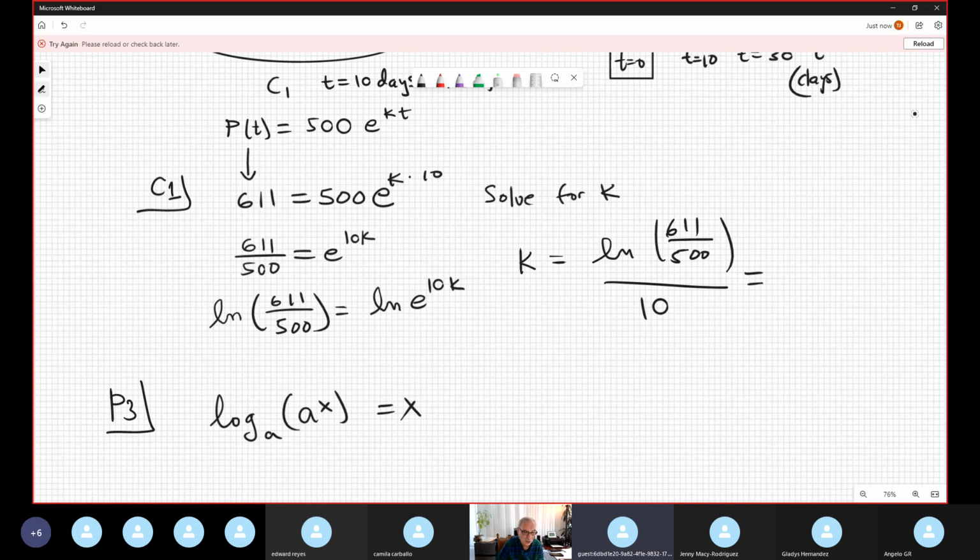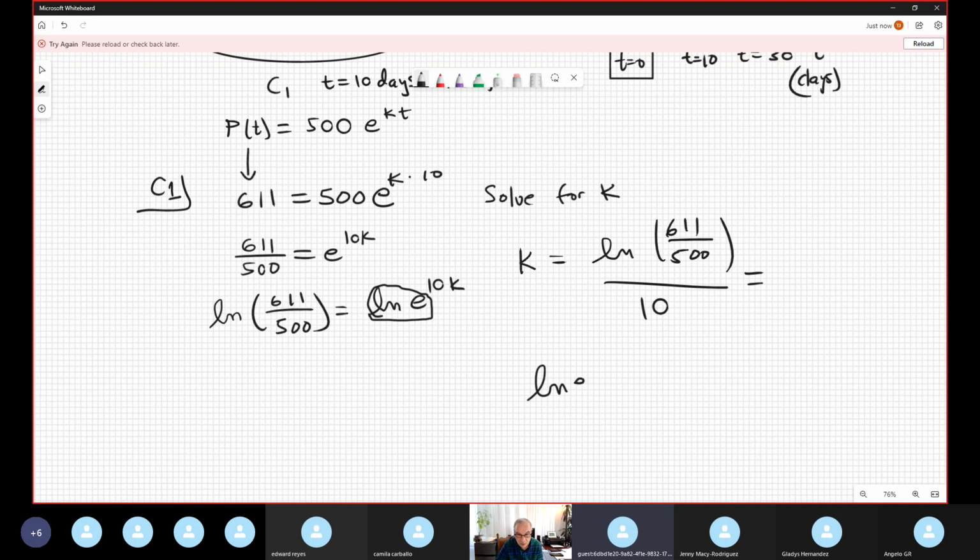The reason is that exponential and logarithm are inverse functions, and when you put them together, like a composition, they undo each other. Forget about property number 3. Another point of view: the logarithm of e to the x is equal to x. This and this cancel out each other. Cool? Yes. Okay.